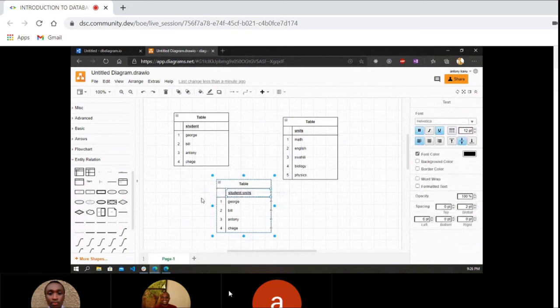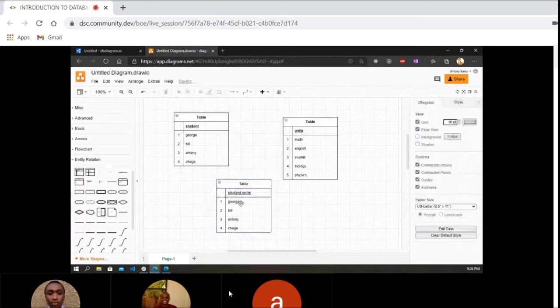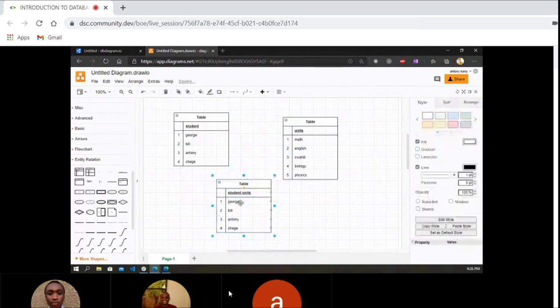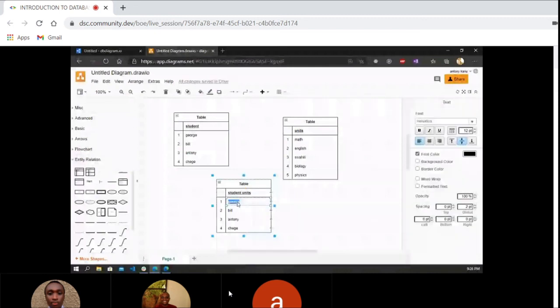Yes, that way. It has 3 columns. The first column is 1, 2, 3, 4. The second column is the student ID.